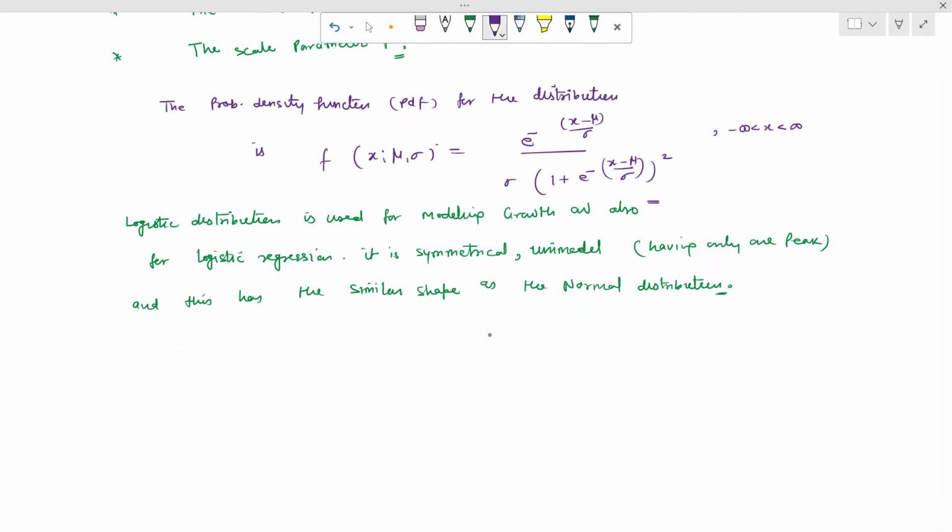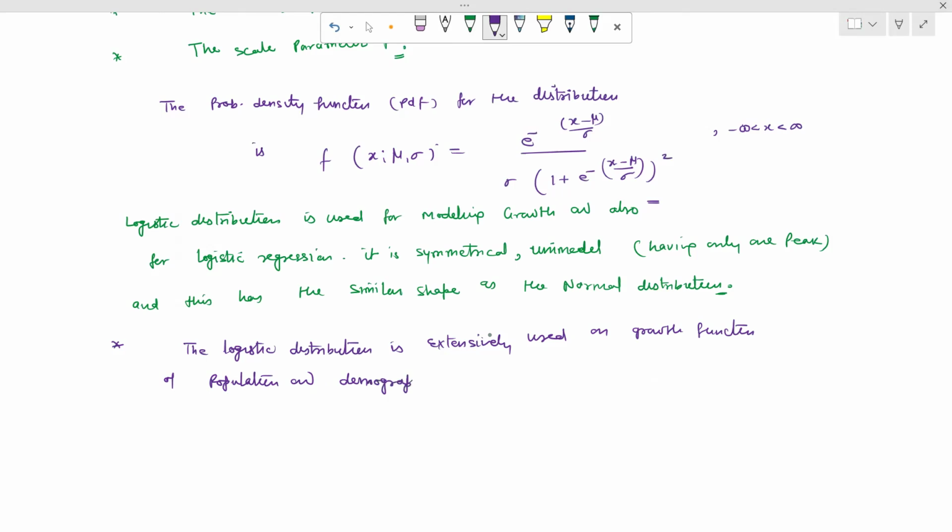और इसको कहाँ यूज करते हैं बेसिकली, तो we can write down the uses of this. The logistic distribution is extensively used in growth functions of population and demographic studies and time series analysis.